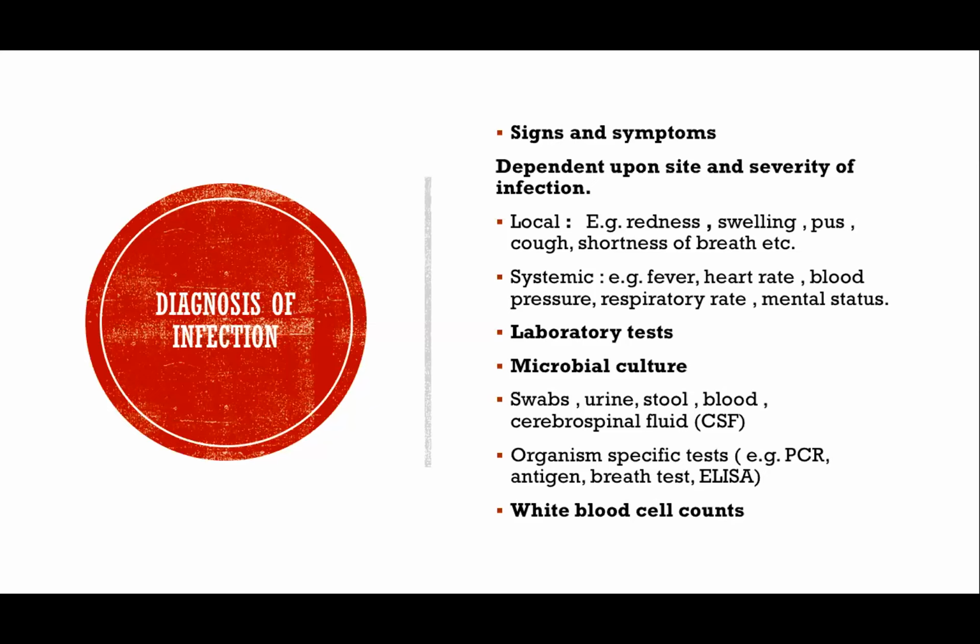Tests include microbial culture, swab, urine and stool, blood, and CSF. There are also organism-specific tests, PCR for antigen, and white blood cells that can tell us whether the patient has an infection or not.